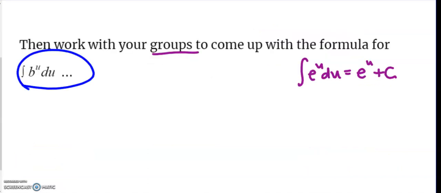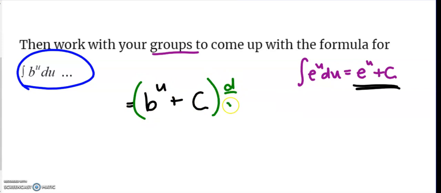All right, so some things to think about is that if I try to just apply this e rule and say that the antiderivative of b to the u is equal to b to the u plus c, I should be able to check my answer by taking the derivative. And when I take the derivative here, I get b to the u times u prime times the natural log of b, and then the derivative of c is just 0.